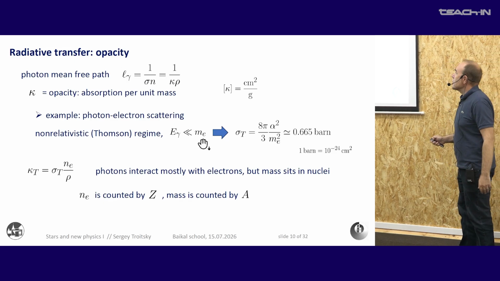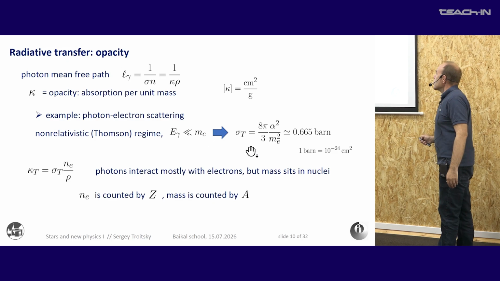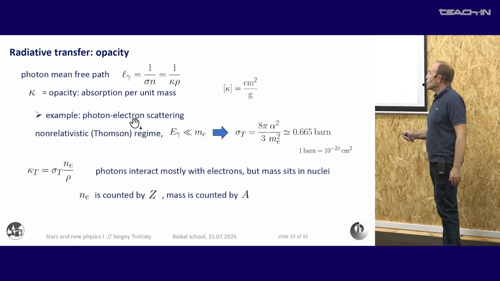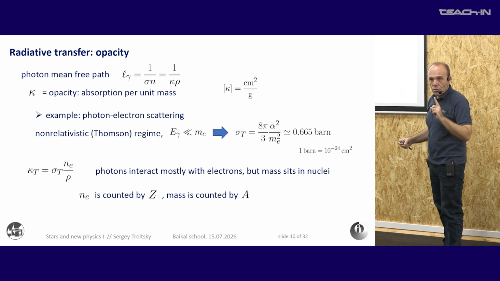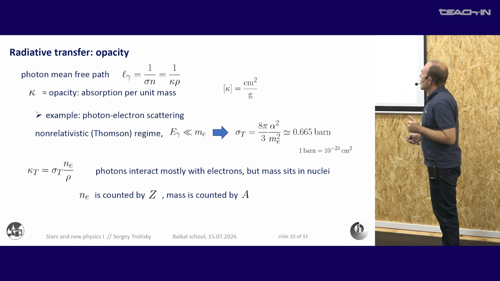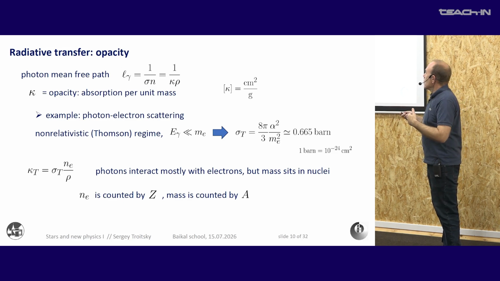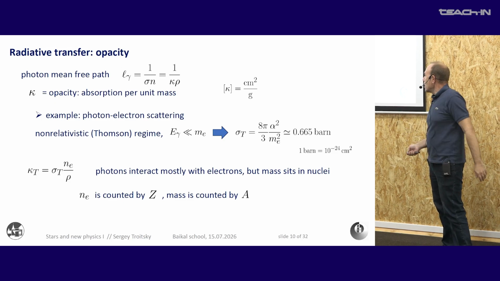And this is an example of a classical electrodynamic cross-section, the Thomson cross-section of photon-electron scattering. This is not the main contribution to the opacity, but this is just an example of one of the possible processes which limit the photon propagation in a star.